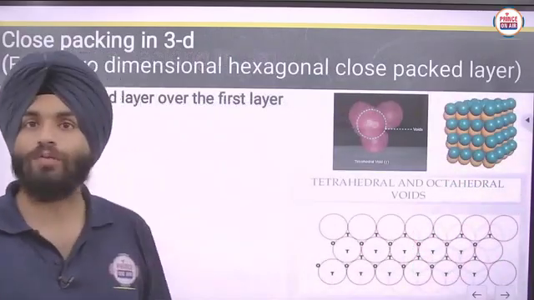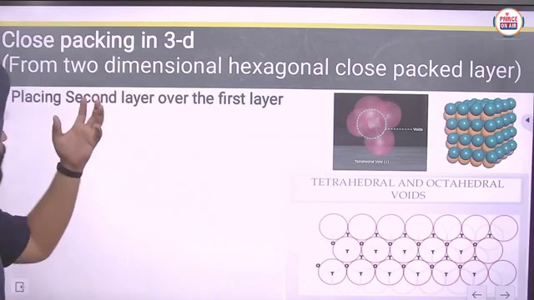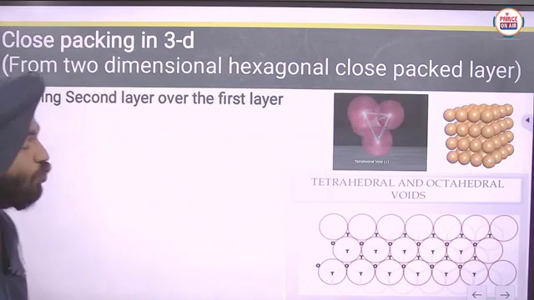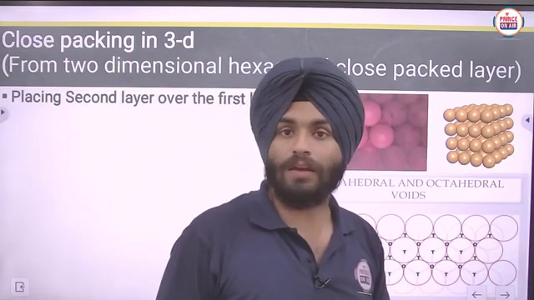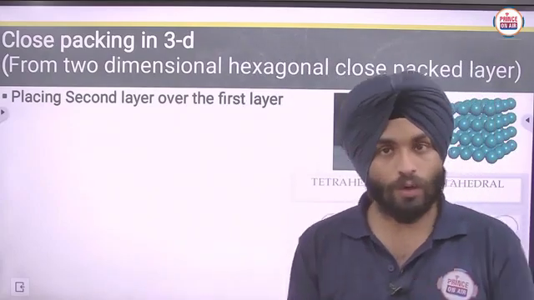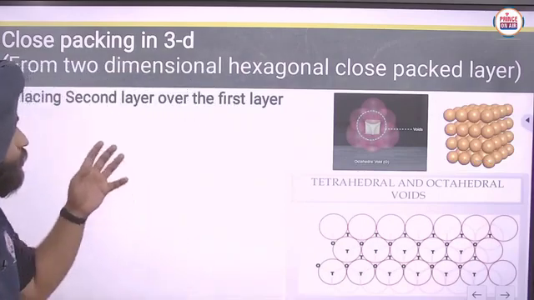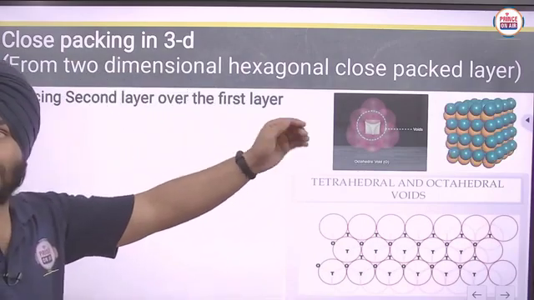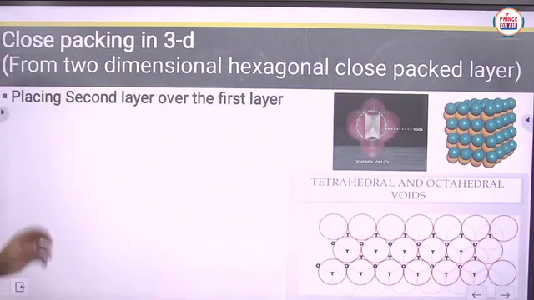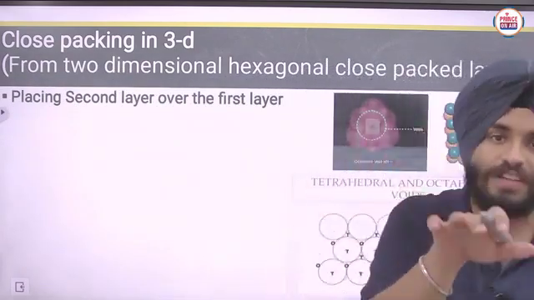Now we have to discuss close packing in 3 dimensions from 2-dimensional hexagonal close packing. Firstly, we discussed it from the 2-dimensional square close packed layers. Now we have to discuss the hexagonal close packed 2-dimensional layer. How can we place the second layer over the first layer?